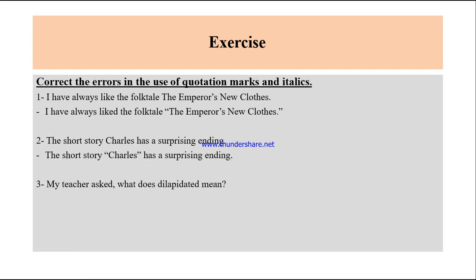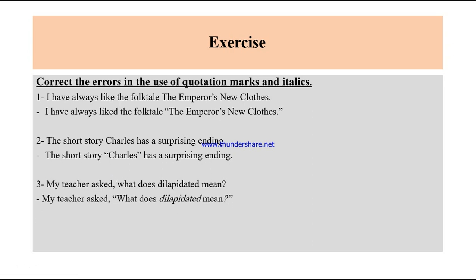Go to number 3. My teacher asked, what does dilapidated mean? Here we have a word that has been referred to, dilapidated. Also we have a direct quotation. So we put the direct quotation between inverted commas or quotation marks. So my teacher asked, comma, inverted commas.